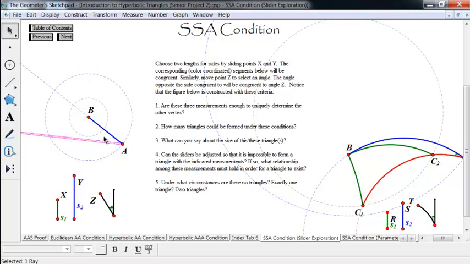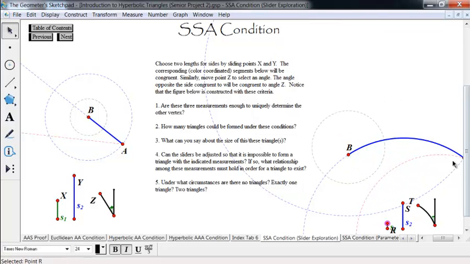Number one, it has to be on this ray here to make the angle at A right. And number two, it has to be on this circle right here to make this length right. Now, it's possible that we can have a situation like this where it's just too short and those two things don't intersect.